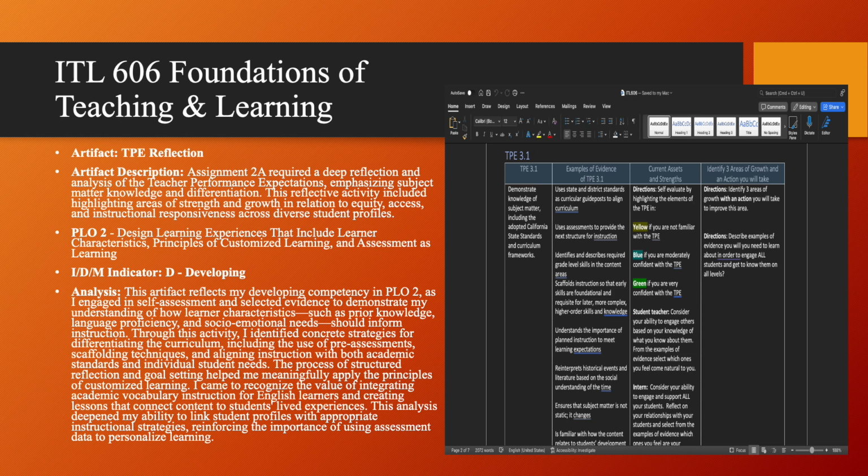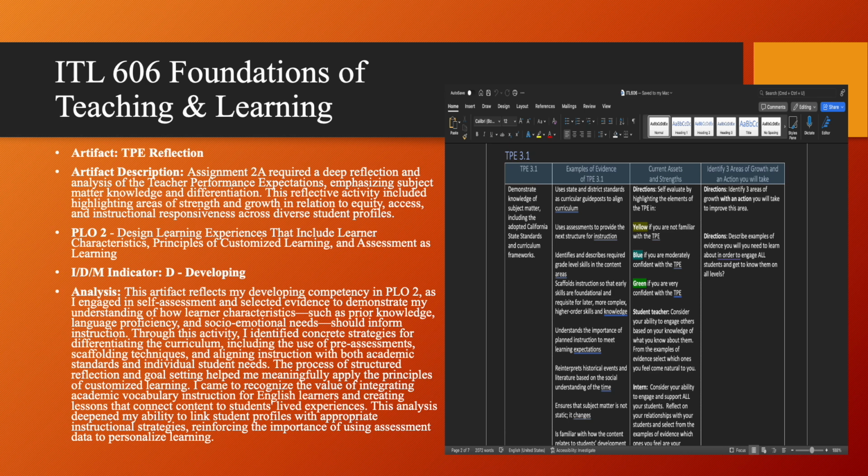The reflective activity included highlighting areas of strengths and growth in relation to equity, access, and institutional responsiveness across diverse student profiles. This assignment I associated with PLO2, Design Learning Experiences that include learner characteristics, principles, and customized learning and assessment as learning. And for this skill level, I gave myself a D.